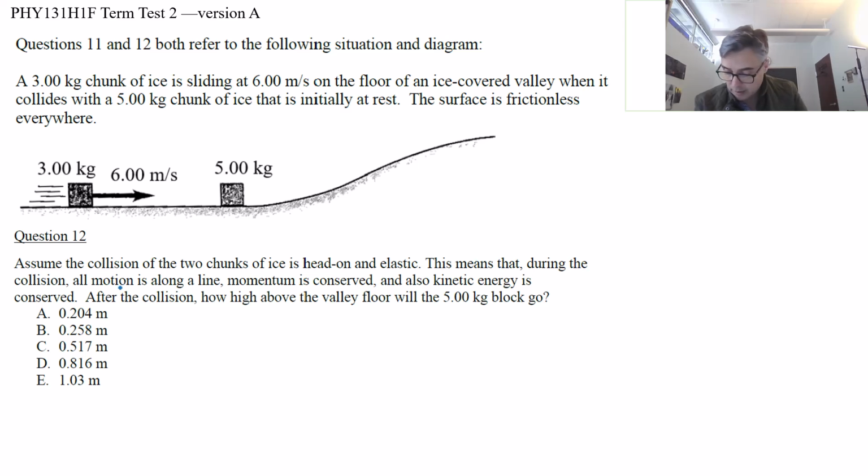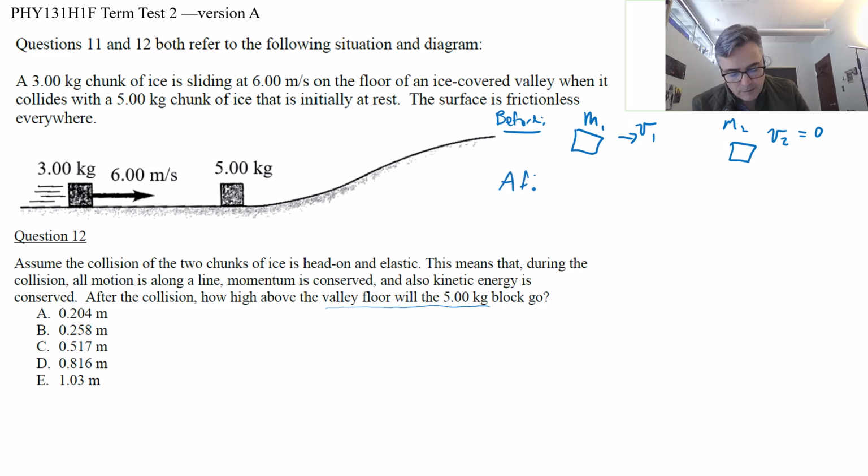This means that during the collision, all motion is along a line, momentum is conserved, and also kinetic energy is conserved. After the collision, how high above the valley floor will the 5 kilogram block go? So in this case, what you've got is m1 traveling at some speed v1, and m2, which is at rest. And then after, m1 is traveling at v1 prime, and m2 is traveling at v2 prime.